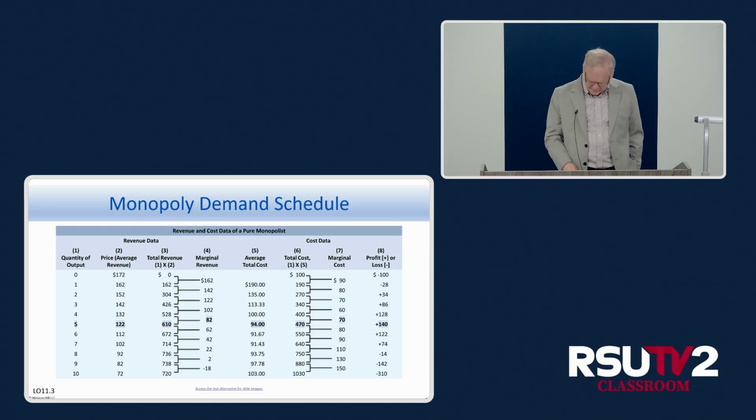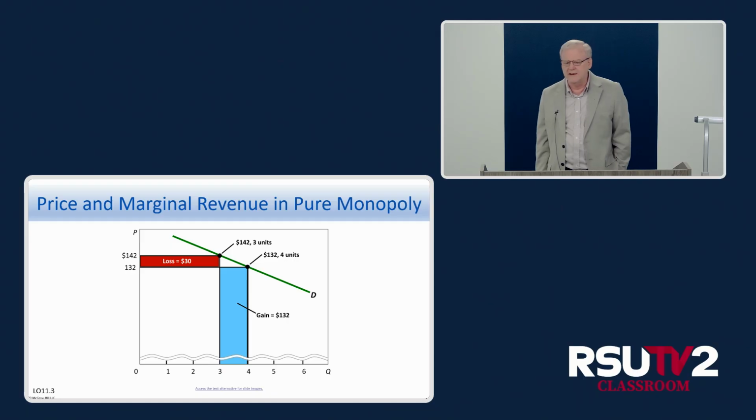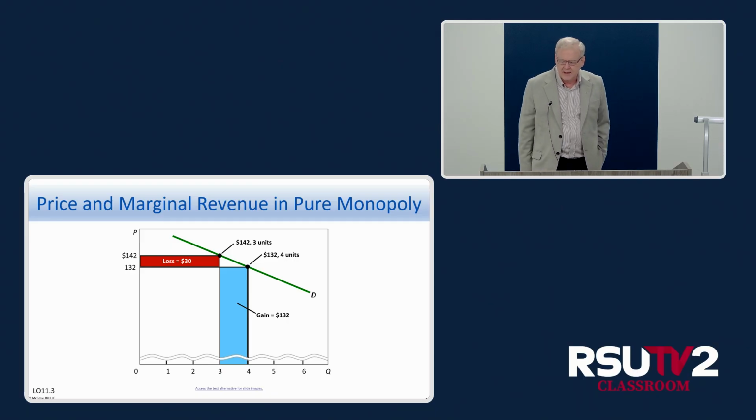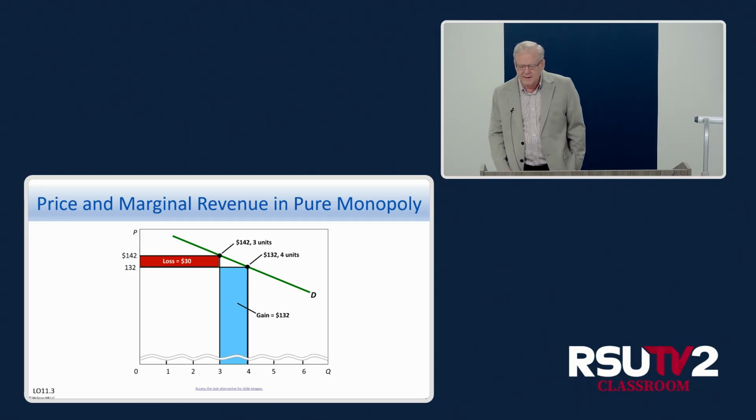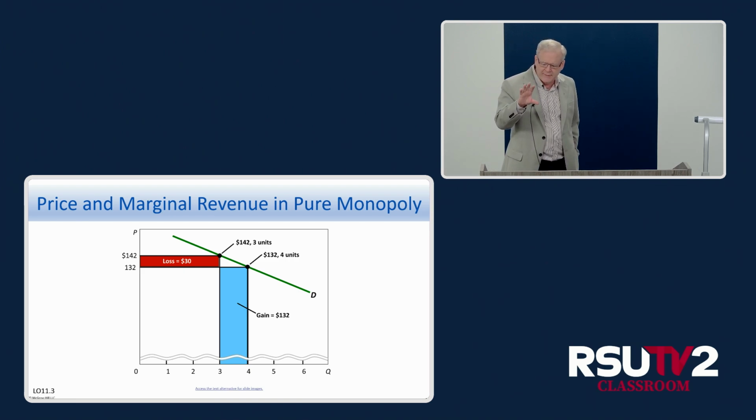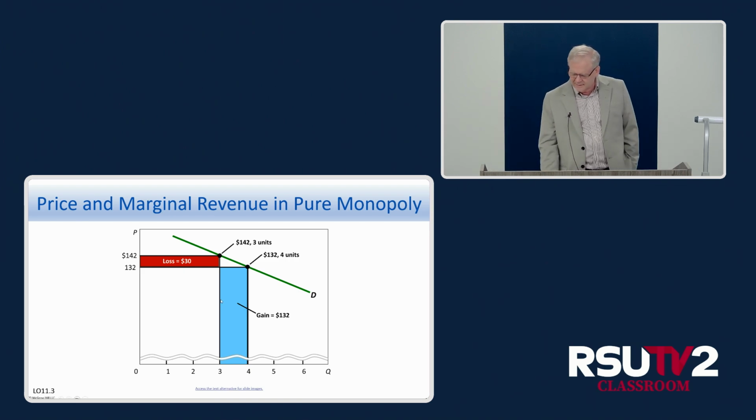Now they show this with a schedule here in your text. I want to skip over this for a moment and just go to the diagram. Then we'll go back and look at that, I think. But here is the monopolist demand curve. Now, the idea here is, recall, when you had a horizontal individual demand curve that applies to a supplier in perfect competition, we calculated marginal revenue by basically this blue area here.